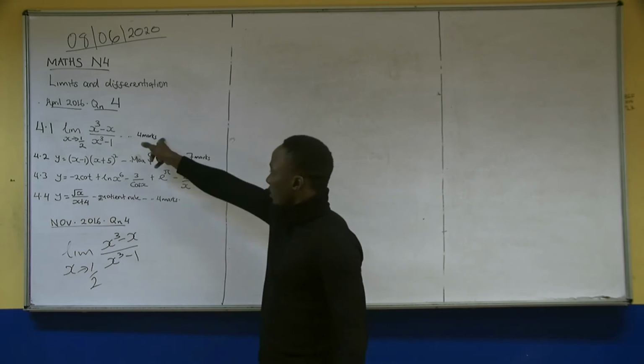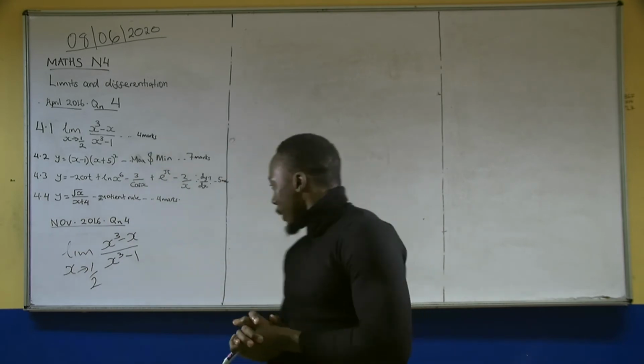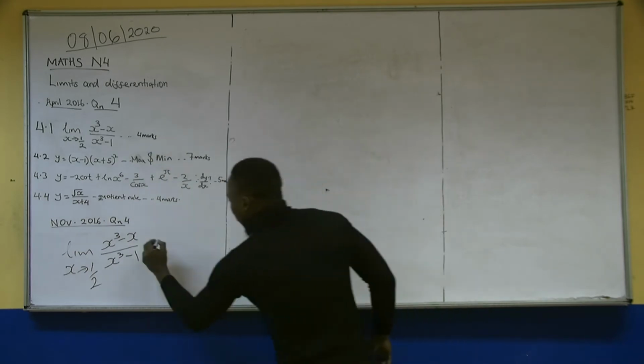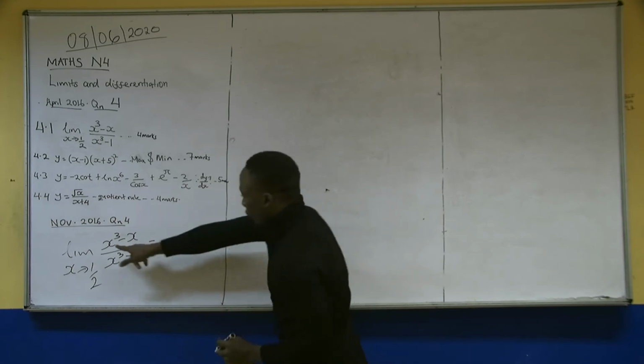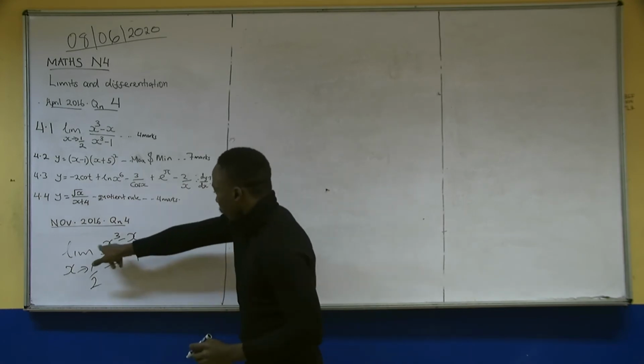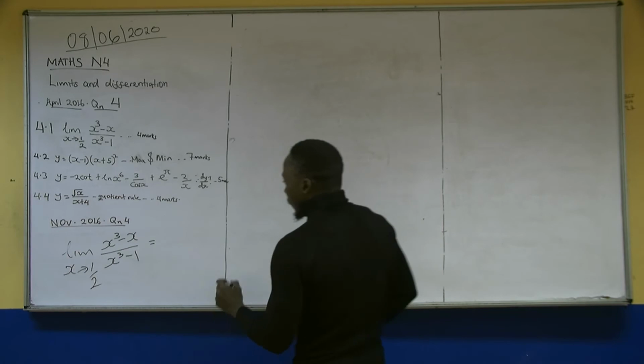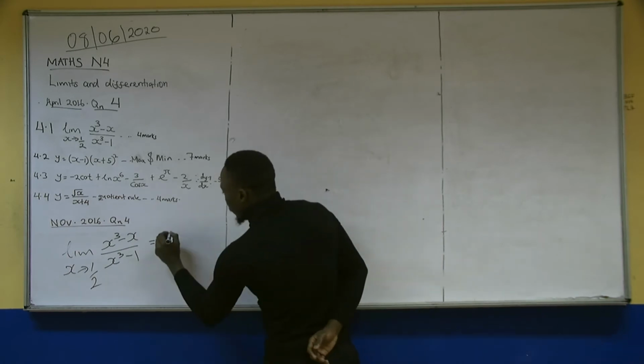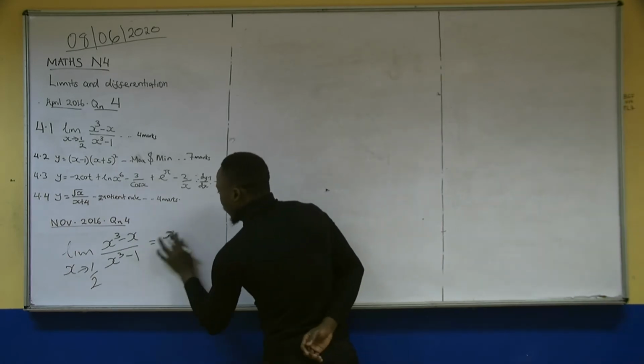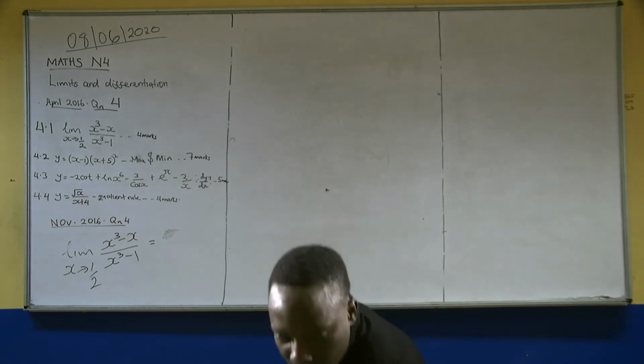It carries 4 marks. How can we get these 4 marks? I told you that we see x on all these values, so it means that we're going to factorize out x. Don't forget the word limit.